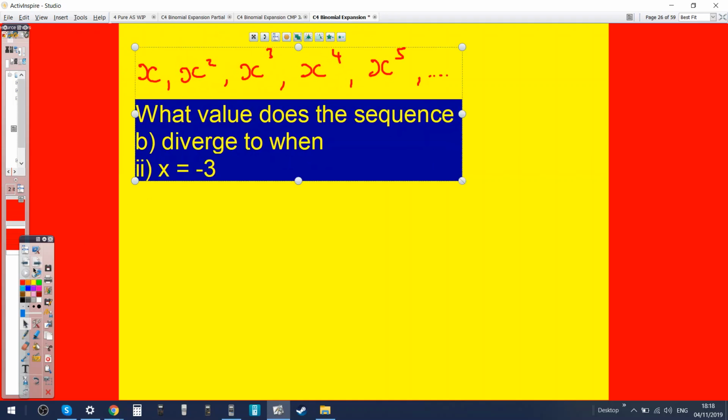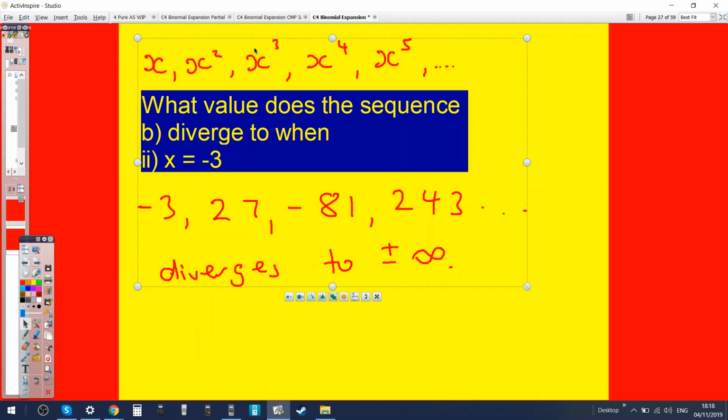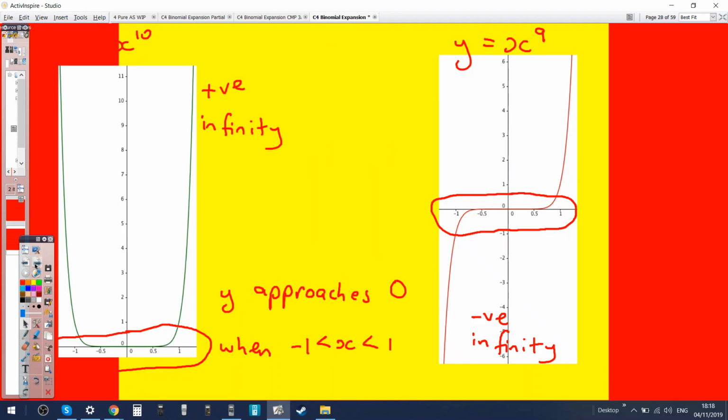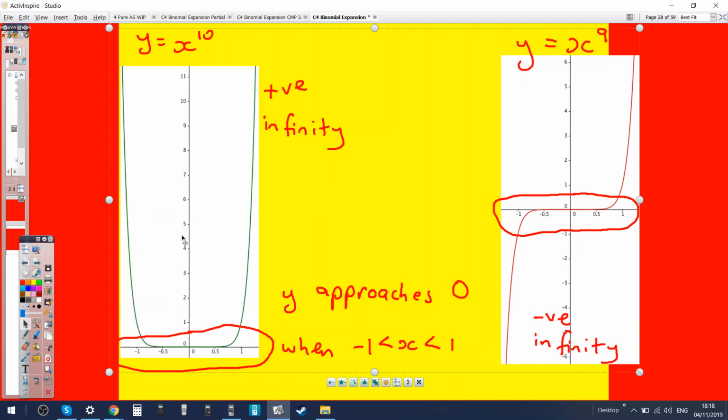And when x is minus 3, it oscillates between positive and negative infinity. So when it's an even power, it's infinity. When it's an odd power, it's negative infinity. Yeah. And so that's what those two look like there. So basically what that shows, I need to remember to put it in brackets, yeah. So what this shows you is that between 1 and minus 1, it converges on 0. Yeah. And that's true for both of them. Between 1 and minus 1, it converges on 0.